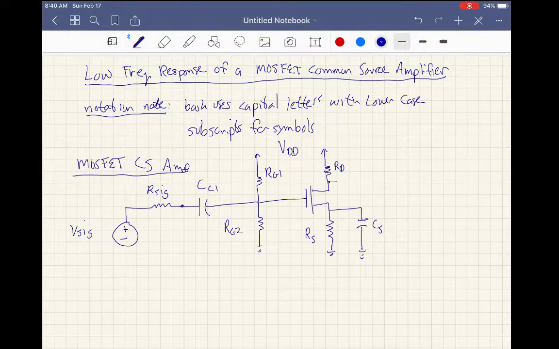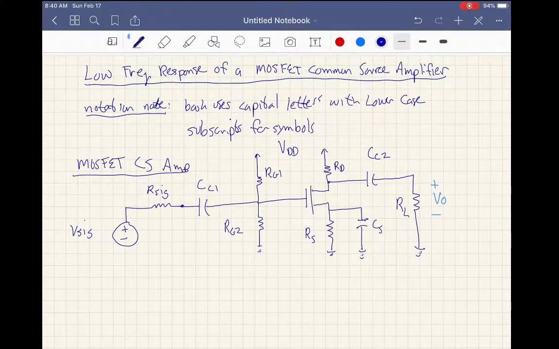And we've got another coupling capacitor here, CC2, attached to our load, and we're taking our output, plus minus VO, across that load resistor. So we've got three capacitors here. CC1 and CC2 are coupling capacitors. CS is a bypass capacitor.